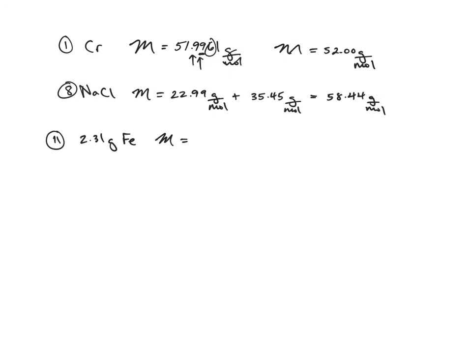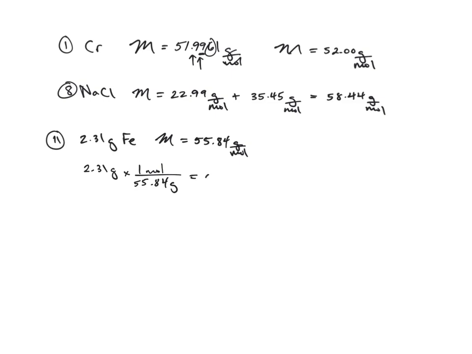Iron to the hundredth place, 55.84 grams per mole. If I want moles, I've got to get moles on the top. So 2.31 grams. If I'm multiplying by conversion factors, the 1 mole has got to be on the top, which means the 55.84 grams has got to be on the bottom. So I'm really dividing here, 2.31 divided by 55.84.